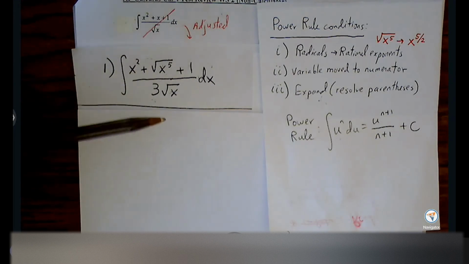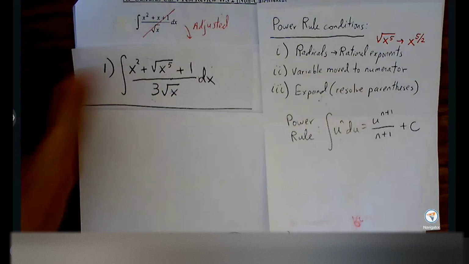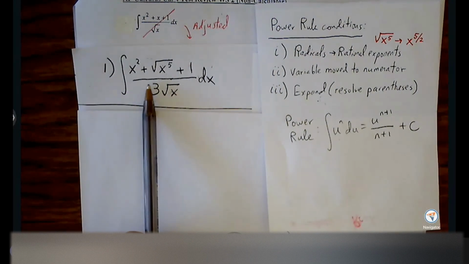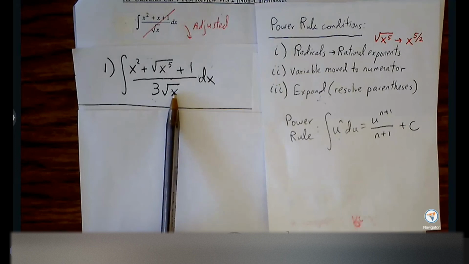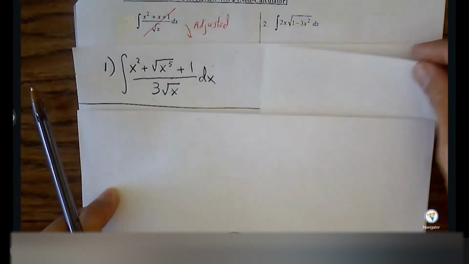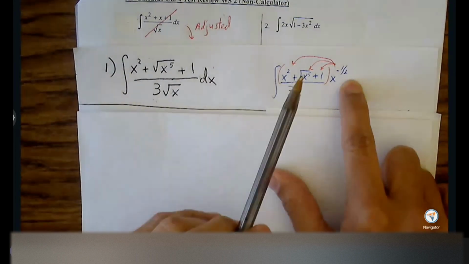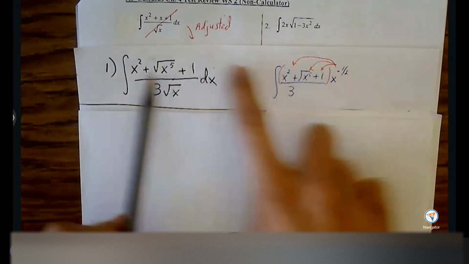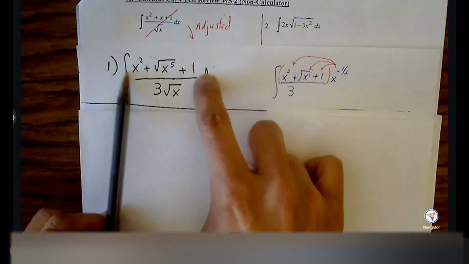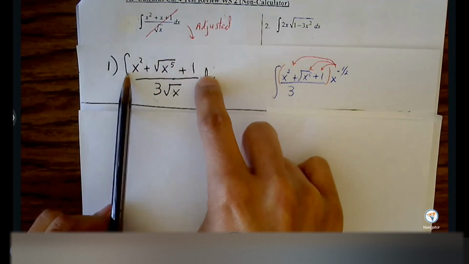What I talked about before was that we need to move the square root of x up, but the 3 is going to stay put. It's going to stay in the denominator, so we're not going to move that 3 up. But this is the mistake I saw with a lot of us: when you brought your square root of x up, I think we forgot that there is this hidden parentheses that is still part of my numerator.